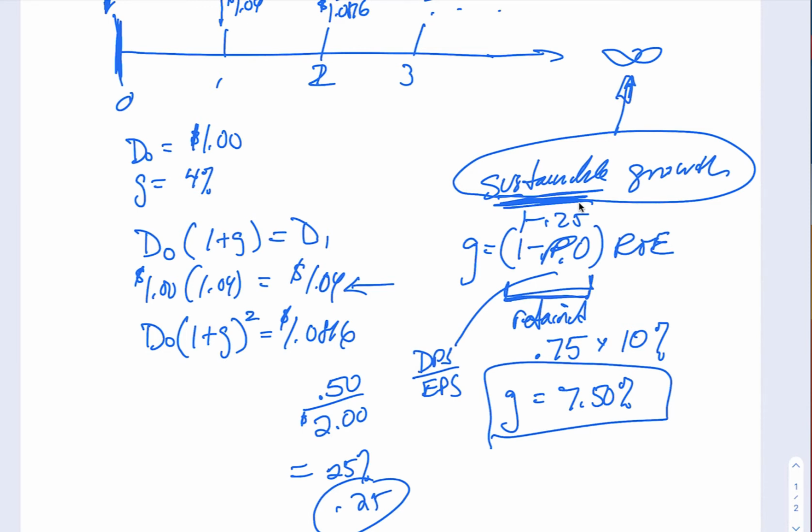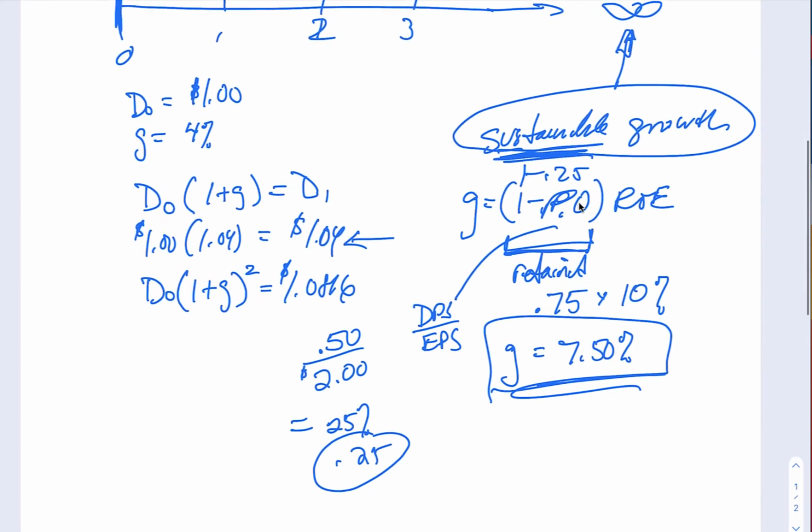And for any business that's in the economy, it has to be equal to or a little bit less. Otherwise, that business, which is much smaller than the economy now, will eventually outgrow the overall economy and take over the world, so to speak. So from that perspective, 7.5% is a bit high, but it's just for illustrative purposes.